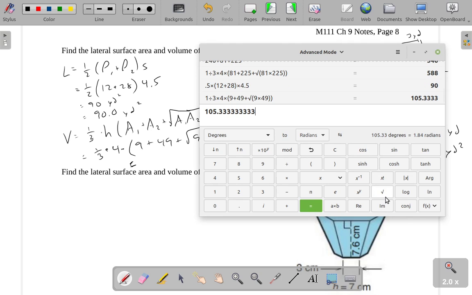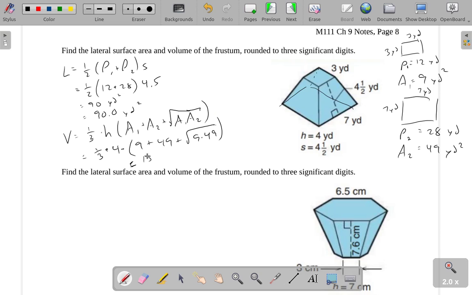We get 105.3 repeating. We're rounding this to 3 significant digits, so I'll call this 105 cubic yards, not cubic feet.